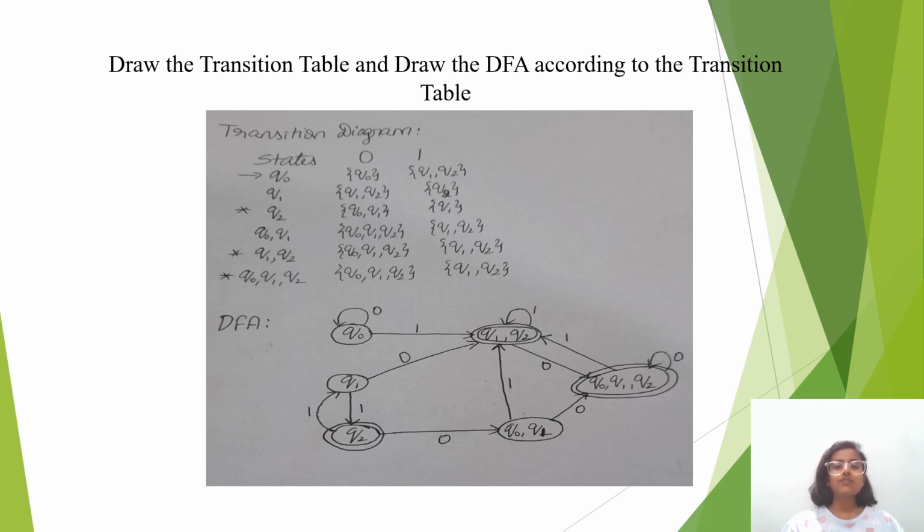Next, it has transferred from Q0 to Q1. In one state, it has transferred only to Q1. Next, we have to search in the states Q0 and Q1. In that state, 0 has transferred to Q0, Q1, Q2, and on 1 it has transferred to Q1 and Q2. And Q1, Q2 we should ignore because it is supposed to be a self loop.